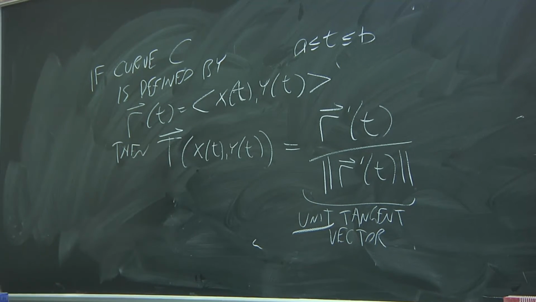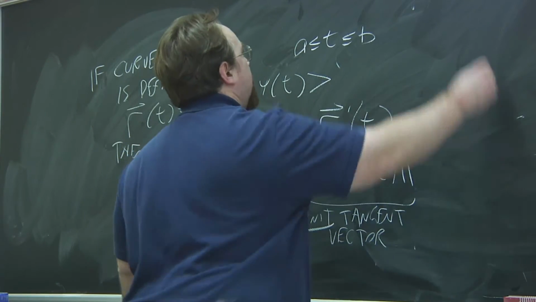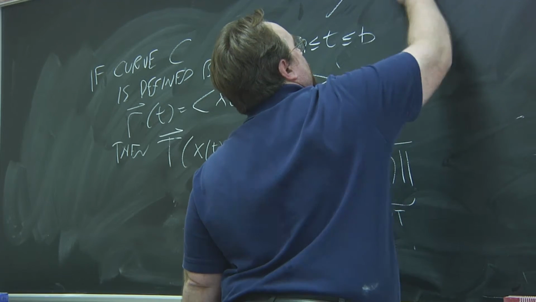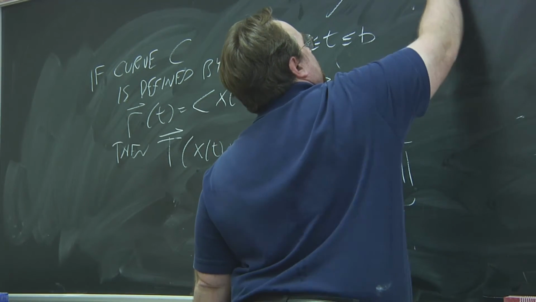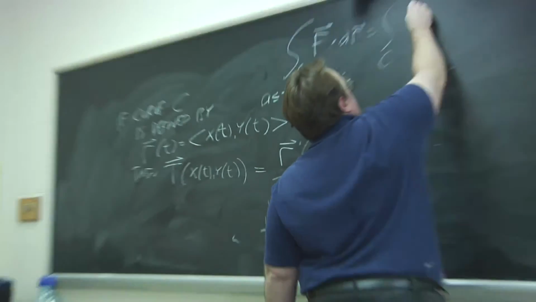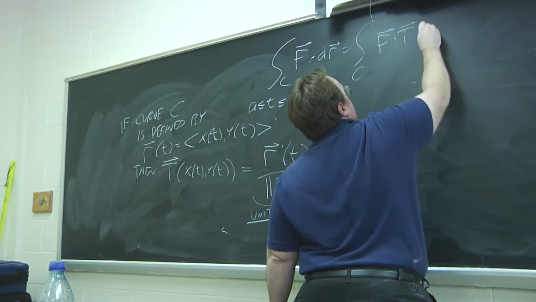Okay, so now we'll start to fill this in piece by piece. So our line integral of our vector field, we'll write it this way, F dot T ds.